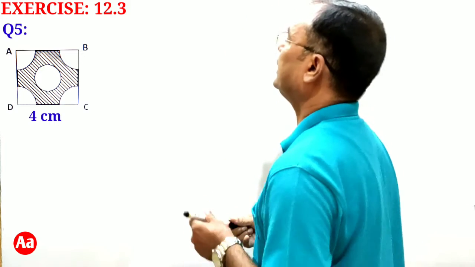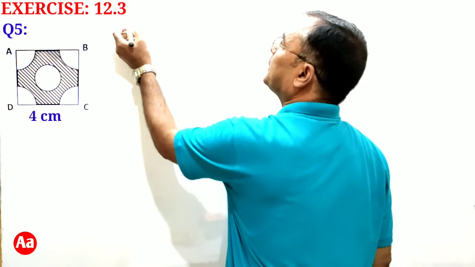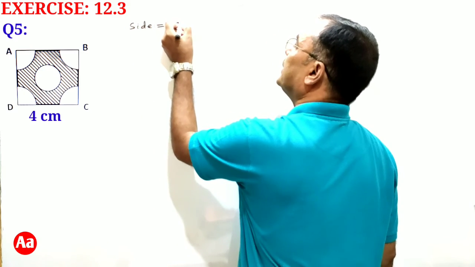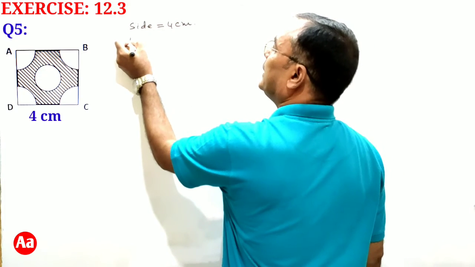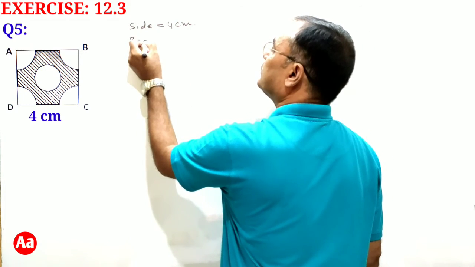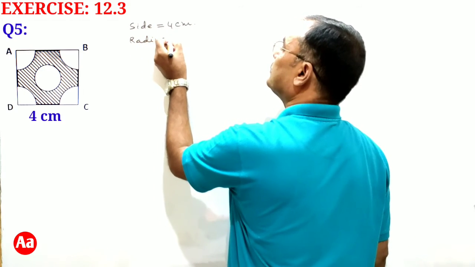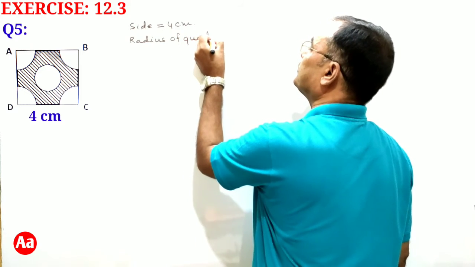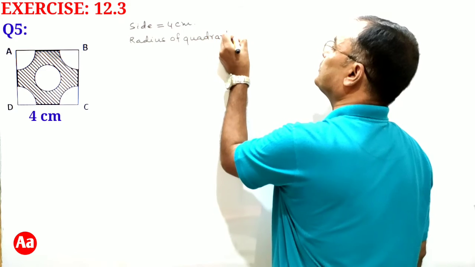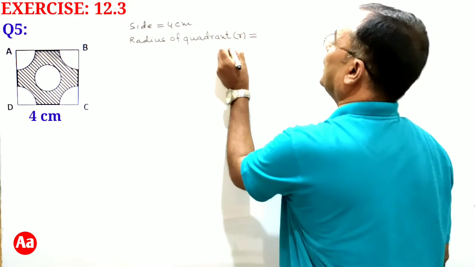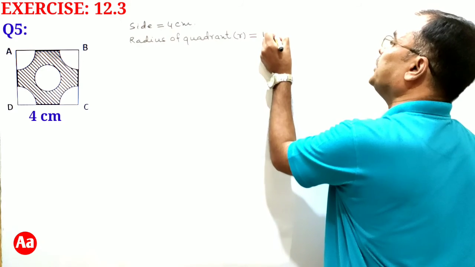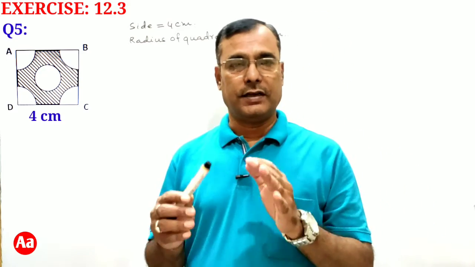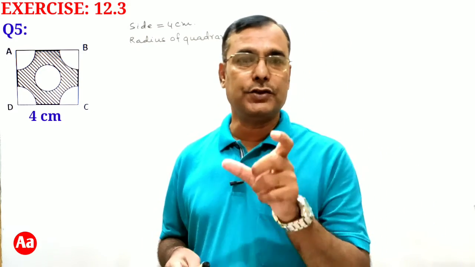So let's write the side of the square, that is given 4 centimeter, radius of quadrant, let it be denoted by R, given 1 centimeter. And you can see in the figure, the diameter of the circle which is cut from the middle of the square is 2 centimeter.